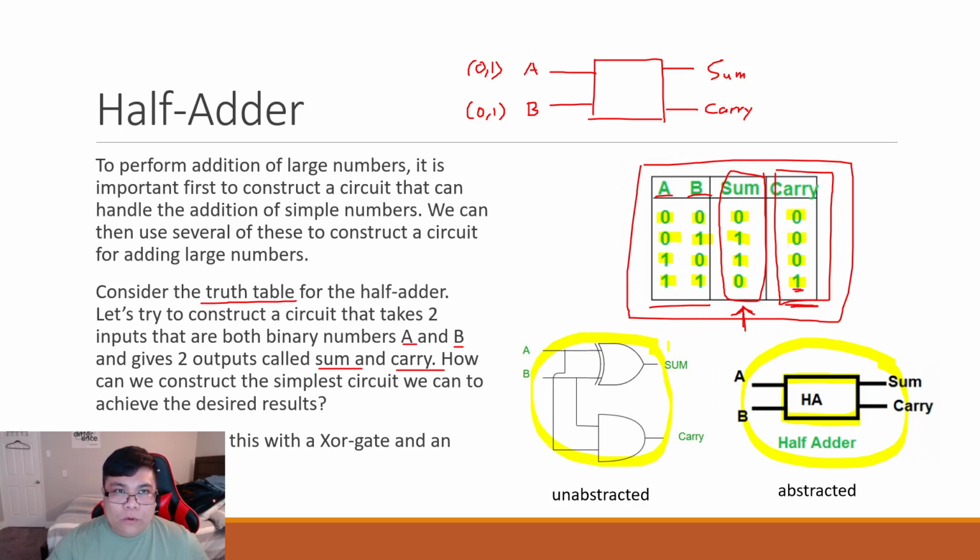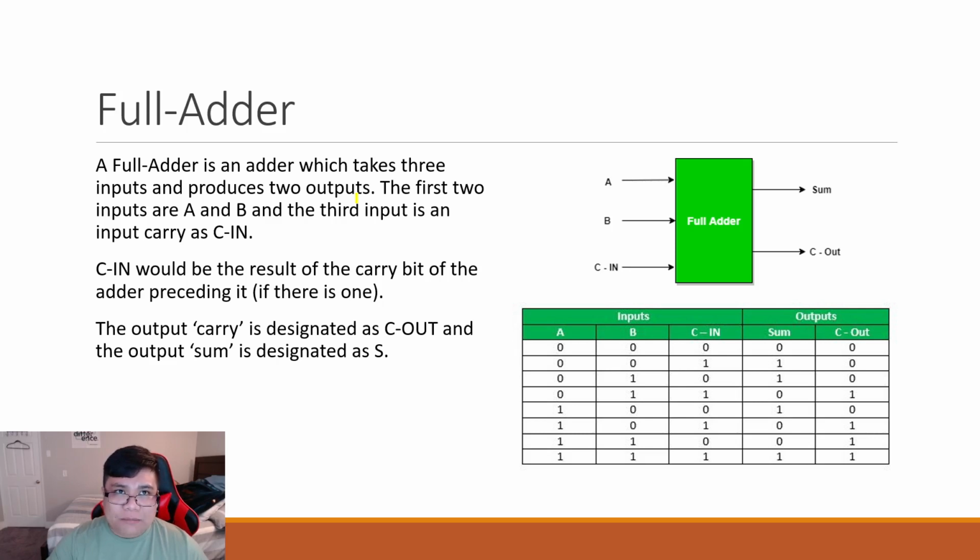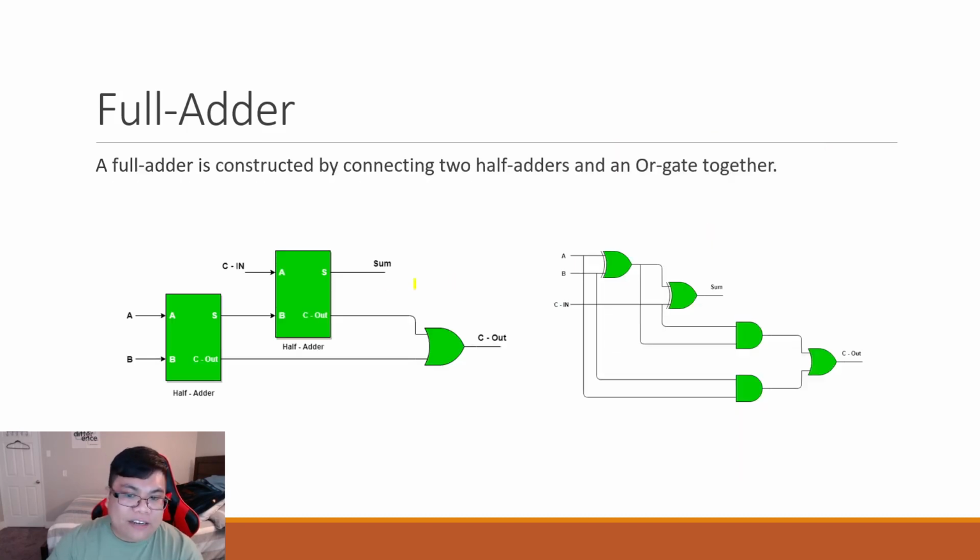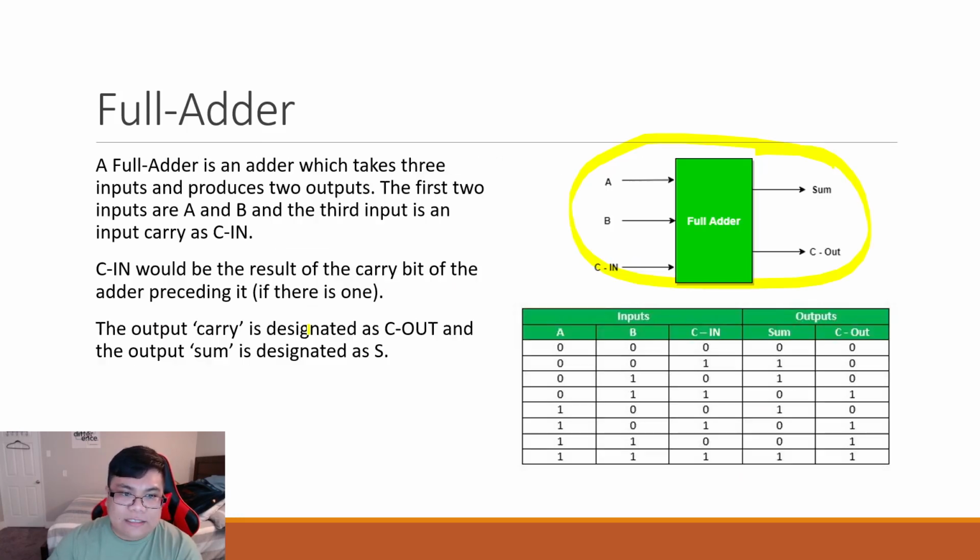But as you're going to see here, something that we can do with the half adder circuit is take two of them together and create something that's more useful to us, something called a full adder. Okay, so over here is an abstracted version of a full adder. It's actually constructed by putting two half adders together, but I'm about to go into that in a second.